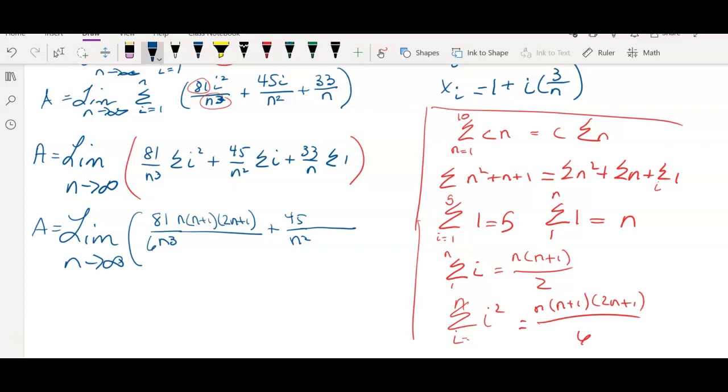Yeah, I need a 6 in the denominator. Sorry, I forgot my 6. The next one is times n plus 1 over 2, plus 33 over n times n.